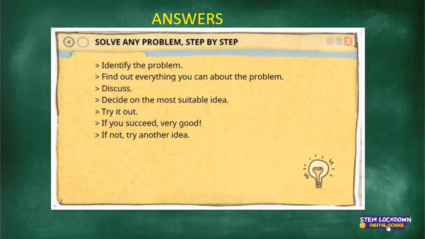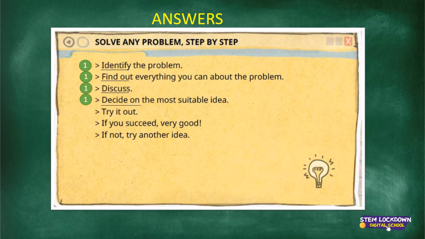So here is our problem-solving poster, and let's see if you remembered the steps. So first of all, 1 mark if you wrote identify, you had to identify the problem. A mark for find out everything you can about the problem. Another mark for the word discuss, like Bongani went to discuss with a wise man.